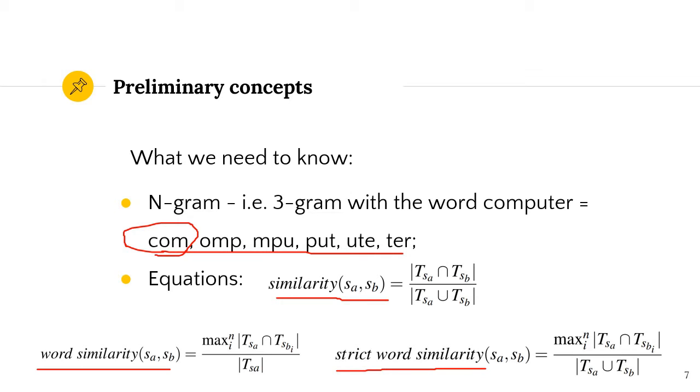Strict word similarity is similar to word similarity, but the ratio is between the greatest similarity and the union of the same sets of 3-grams of strings A and B.